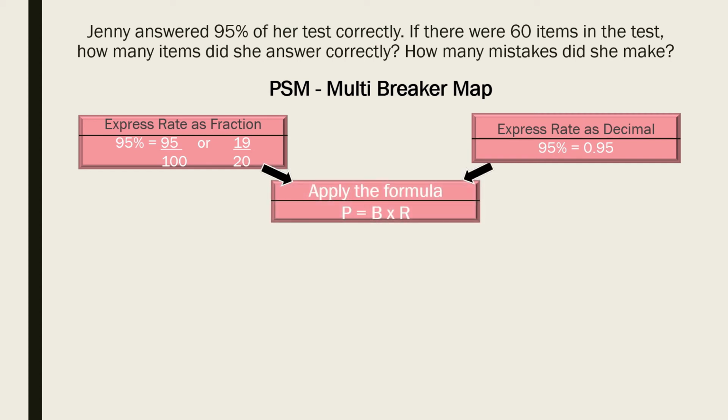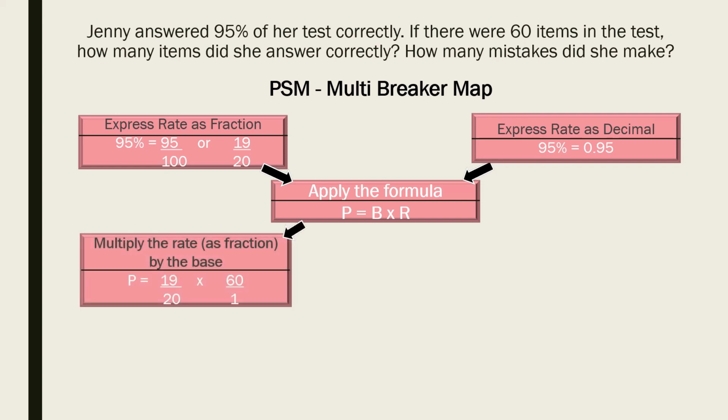So, let us apply the formula. We have P equals B times R, or percentage equals base times rate. Let us solve using fraction first. Let us multiply the rate as a fraction by the base. We will use our simplified fraction, class. So, we have P equals 19 over 20 times 60 over 1.